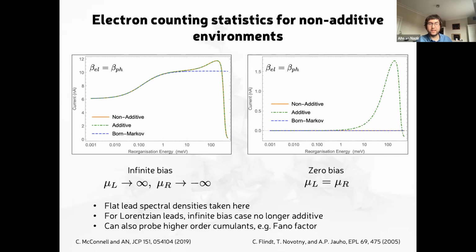And so they effectively see an induced bias due to the vibrational coupling that's not really there. And we need the full non-additive approach to correctly account for the fact that the situation really is a zero bias situation where we'd expect no current to flow because the electron and phonon temperatures are set to be equal here.